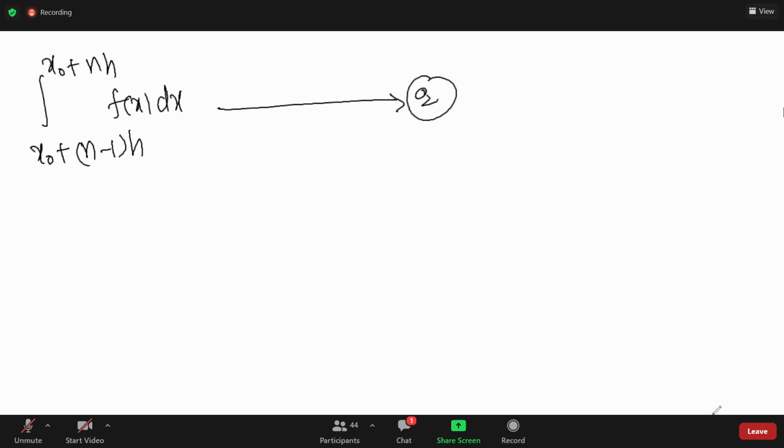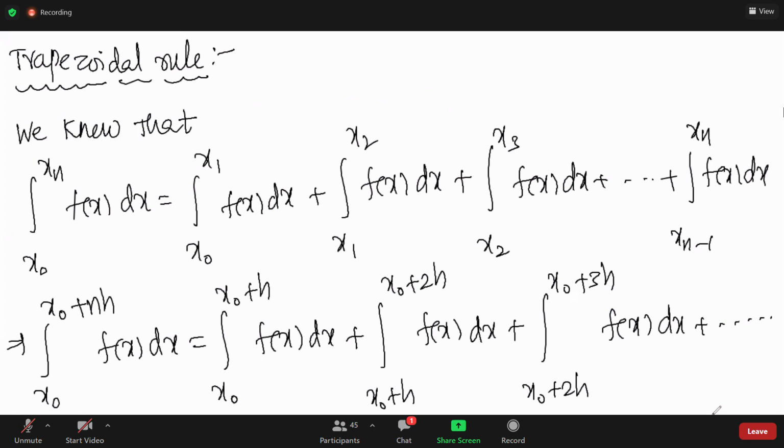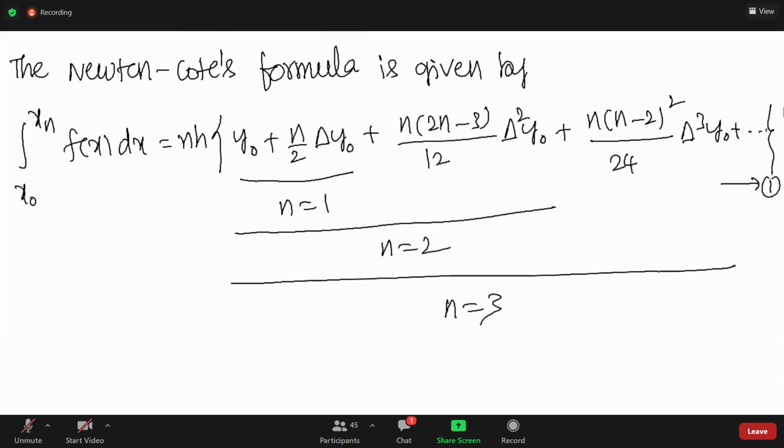So now to calculate each subinterval, that means each subintegral, by putting n is equal to 1 in Newton-Cotes quadrature formula. So put n is equal to 1, what are the terms here? Y naught plus n by 2 delta y naught.